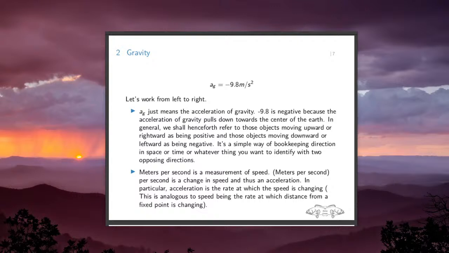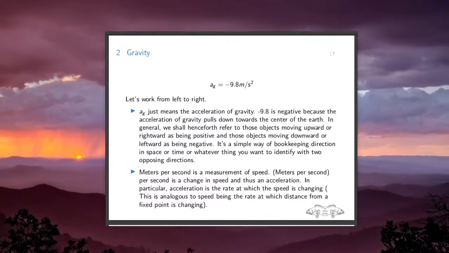And then when we divide that again by seconds, what we're really doing now is looking at a change in velocity over some period of time. And that's why we obtain this acceleration, right?